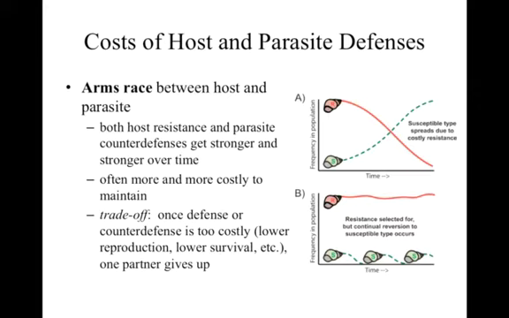It's basically a game of chicken. Both parties go up and up and up until one breaks. And so this ultimately leads to a trade-off where the defense or the counter-defense is too costly, and so it either lowers reproduction or it lowers survival enough that it's just not worth keeping that defense or counter-defense, and one partner gives up.